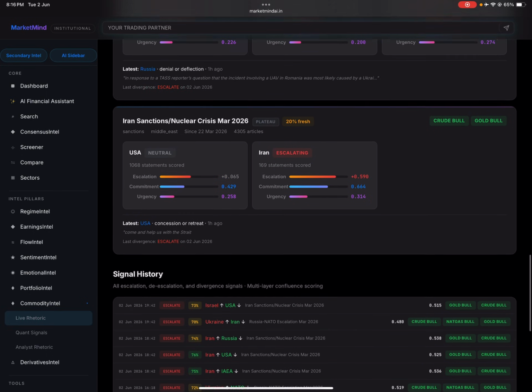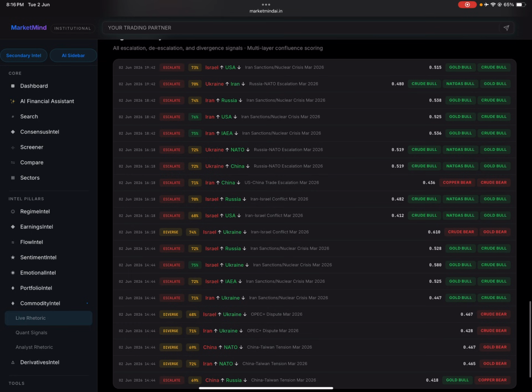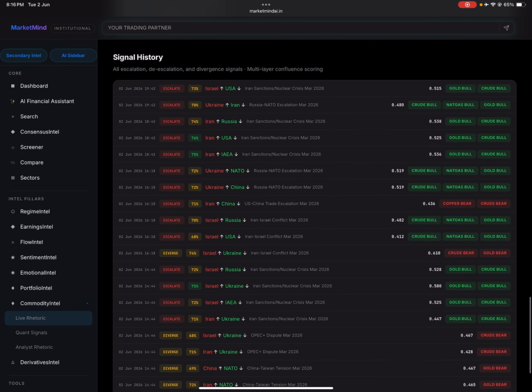That's for the geopolitical side, and we have the signal history here, including all of the events with the date stamps. So you can see if any two different global events are coinciding and whether they're fighting each other as far as commodity prices are concerned, or whether they are confluating, which results in usually bigger moves.